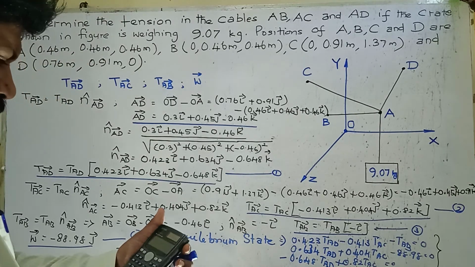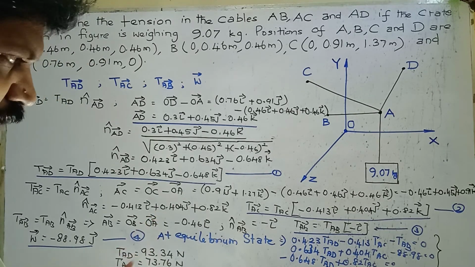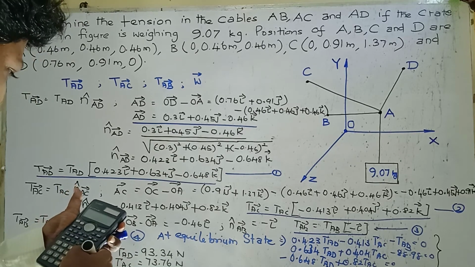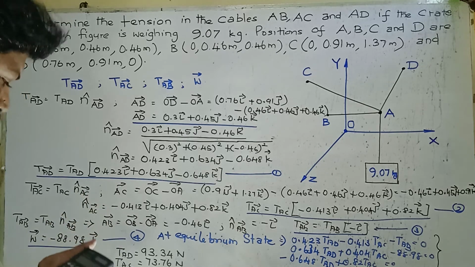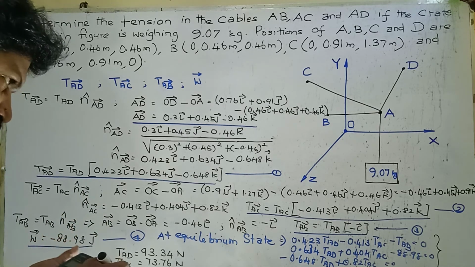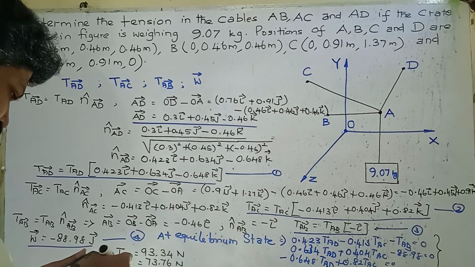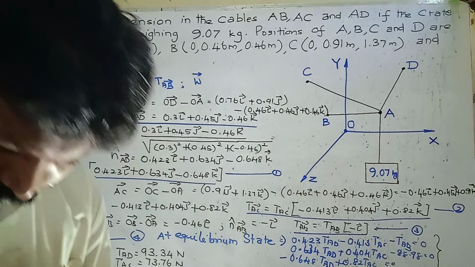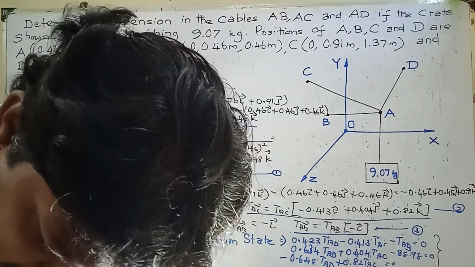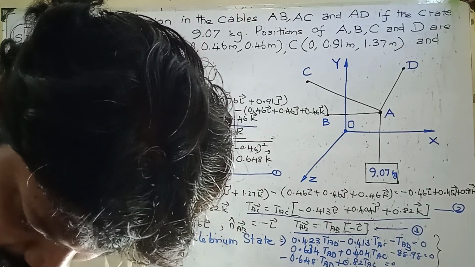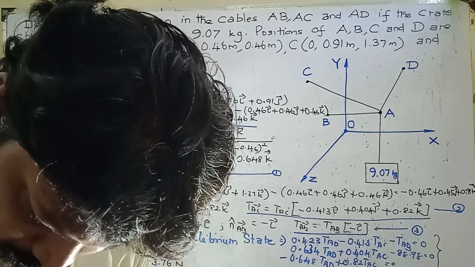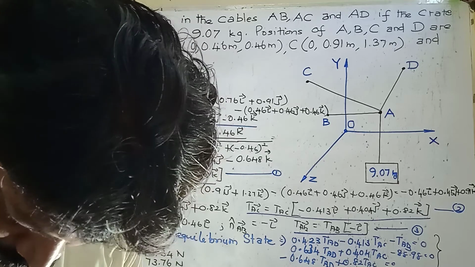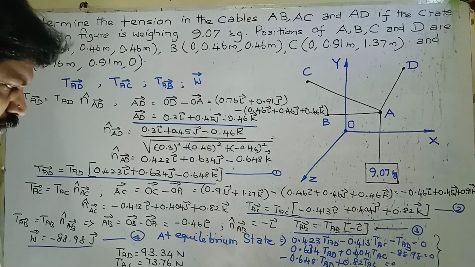And then once again press equal, the third component z: TAB equals 9.02 Newton.